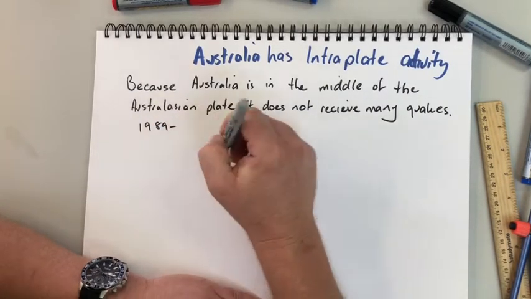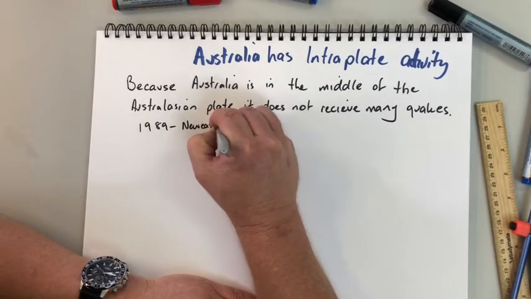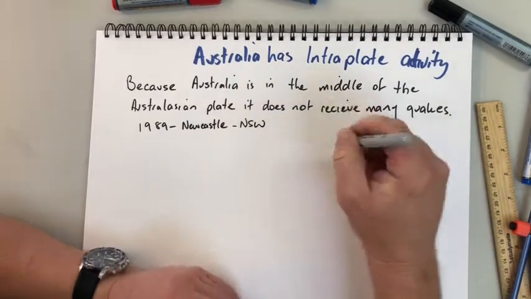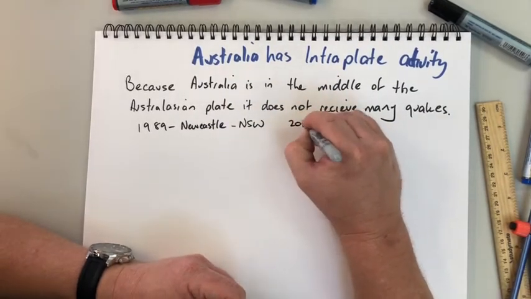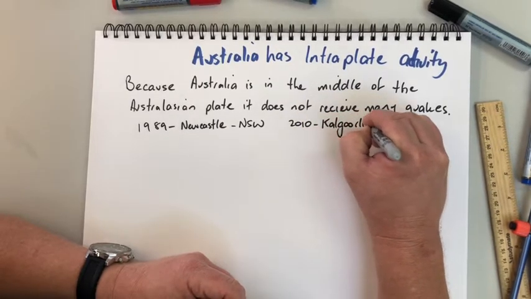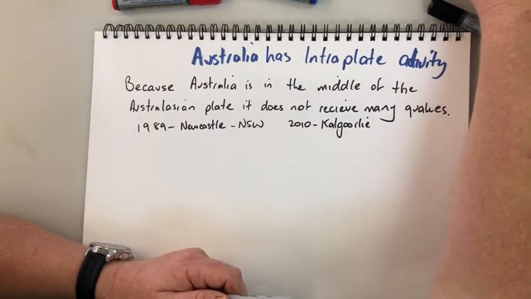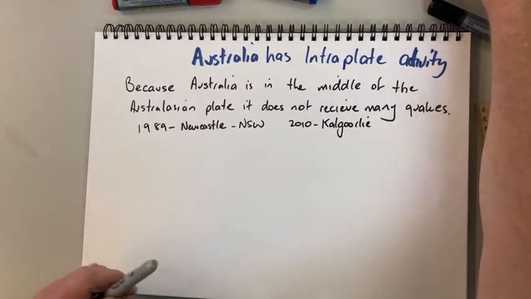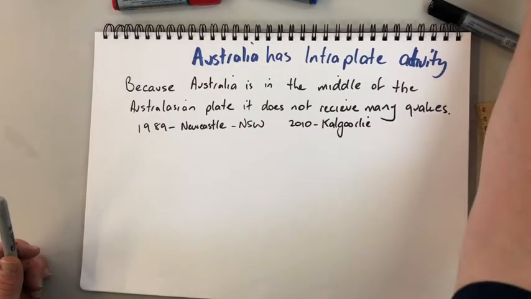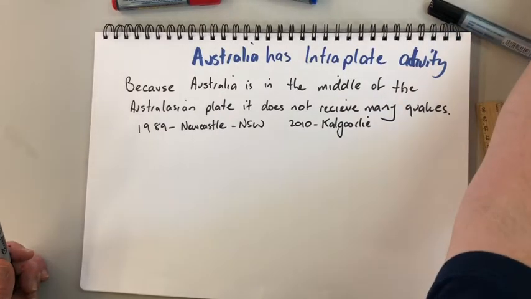1989 in Newcastle, in New South Wales, 2010 Kalgoorlie earthquake, and also, I guess the other one is the Meckering earthquake.